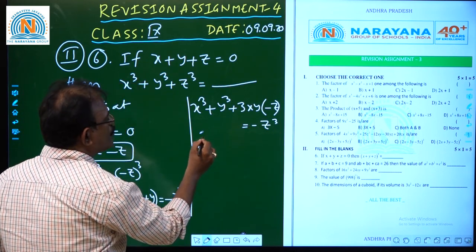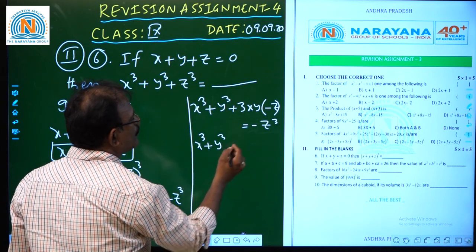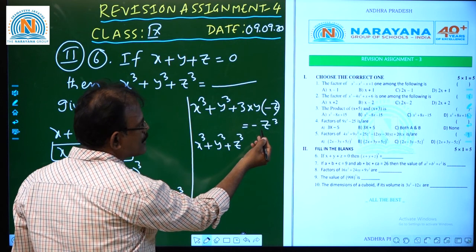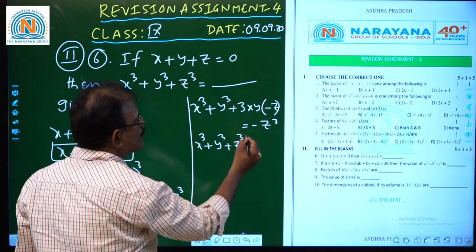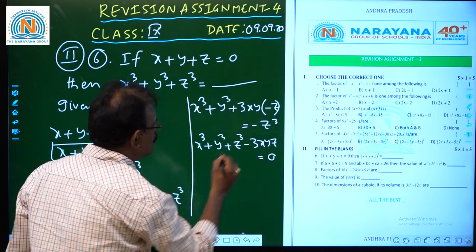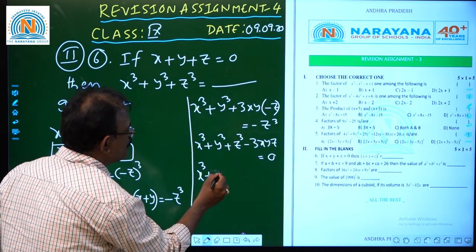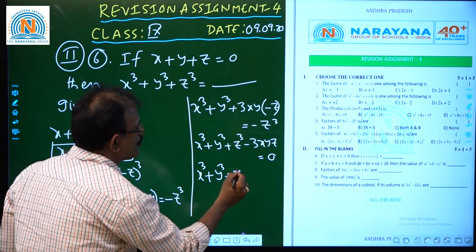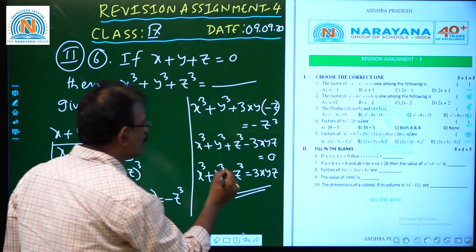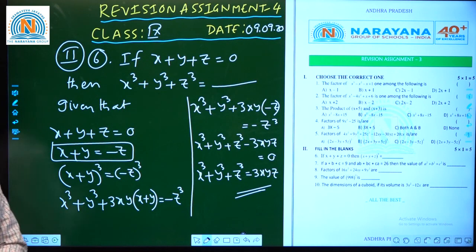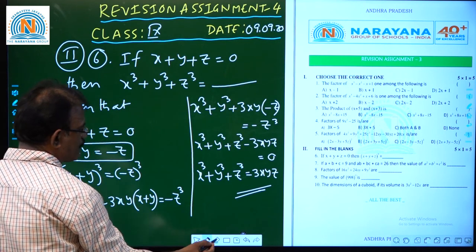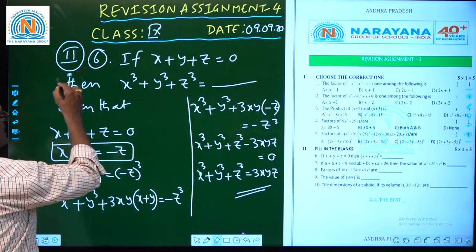So x cube plus y cube plus z cube, I transpose minus z cube to the left side, plus into minus, minus, 3xyz is equal to 0. If you want the x cube plus y cube plus z cube value, transpose minus 3xyz to the right side. So what is the value of x cube plus y cube plus z cube, children? 3xyz. It is 3xyz. Okay children, this is very very important.